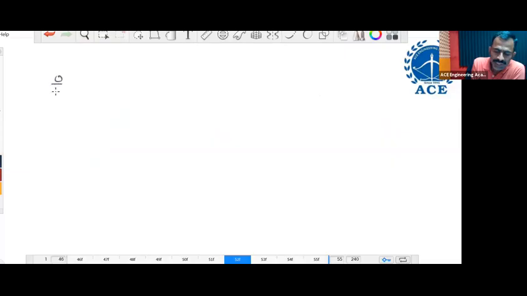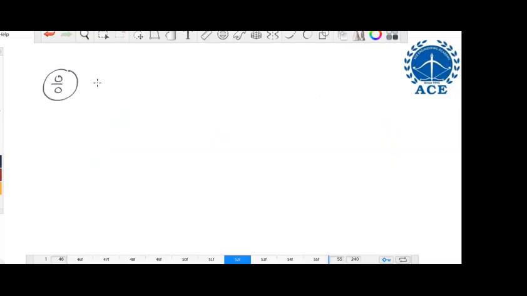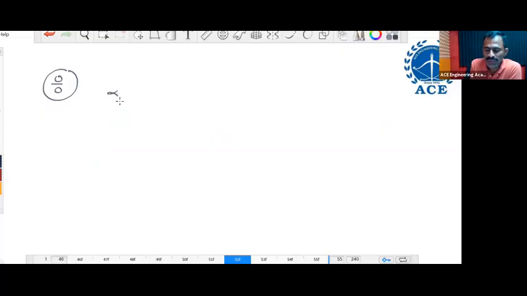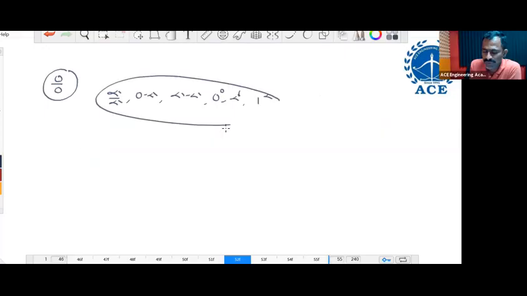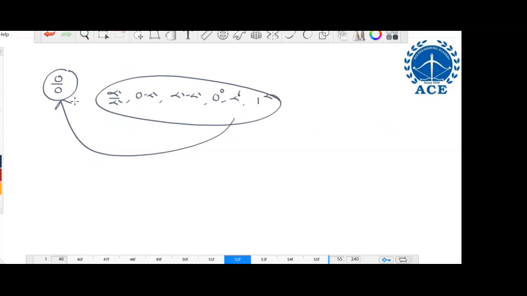If anything is reducible to 0 by 0 form, then such a form is called an indeterminate form. Because here, infinity by infinity, 0 into infinity, infinity plus infinity, 0 power 0, infinity power 0, and 1 power infinity, all these will be reduced to this 0 by 0. That is why all these are indeterminate forms.